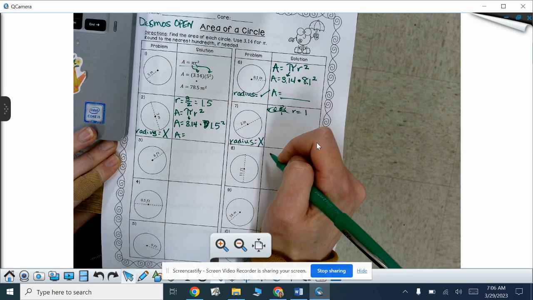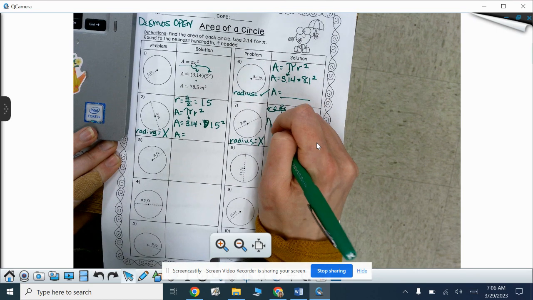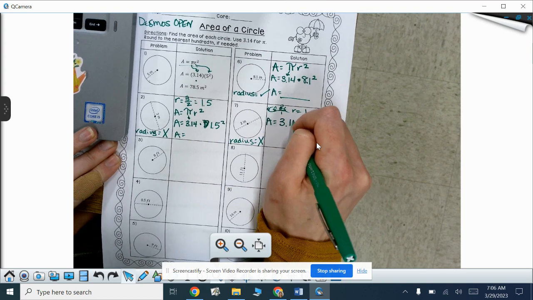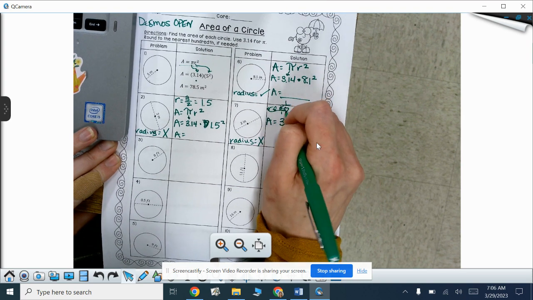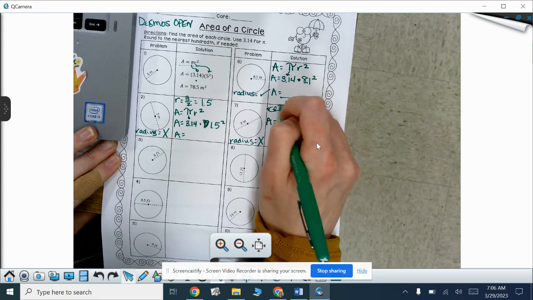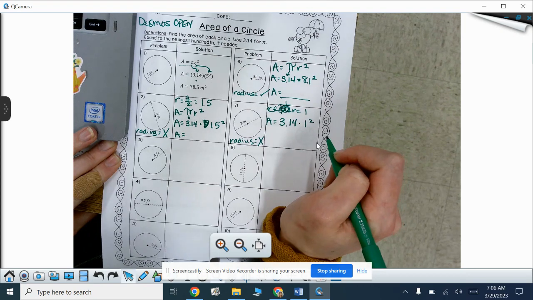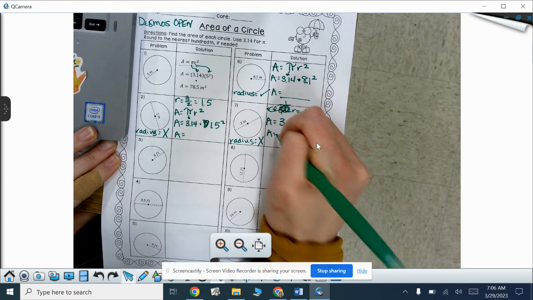R is equal to 1. So my area is equal to 3.14 times 1 squared. And again, you're going to put that into Desmos.